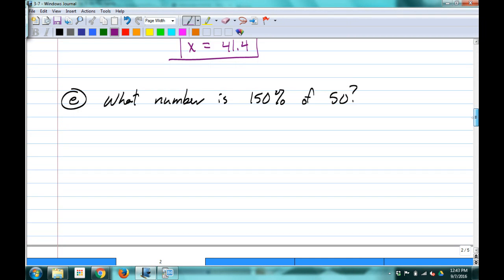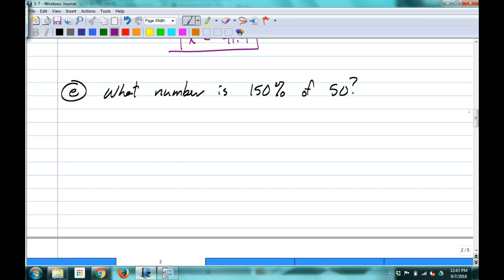Do one more. What number is 150% of 50? So what's our setup? Is over of. So what's is?